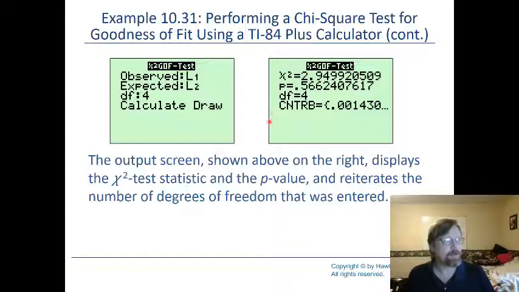So if I had a table that had a column for 0.566 and 4 degrees of freedom, that would be the chi-squared value. As we saw with the previous examples last week, if this p-value is less than my level of significance, then I can reject the null hypothesis. Since it's greater than that, I cannot reject the null hypothesis.